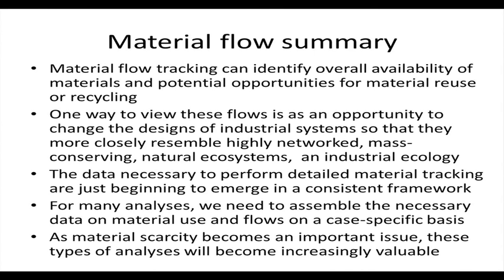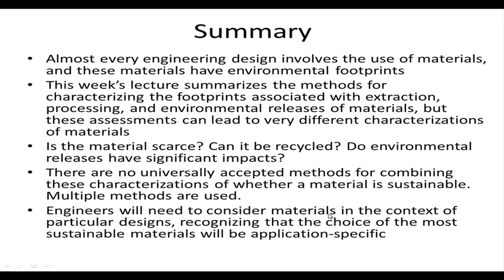The data necessary to perform detailed material tracking are just beginning to emerge. In India, as I said earlier, we have an Indian Resource Panel now, which will try to generate these kinds of data either by themselves, or have people do it for them. For many analyses, we need to assemble the necessary data on use and flow on a case-specific basis. As material scarcity becomes an important issue, these analyses will become increasingly valuable.